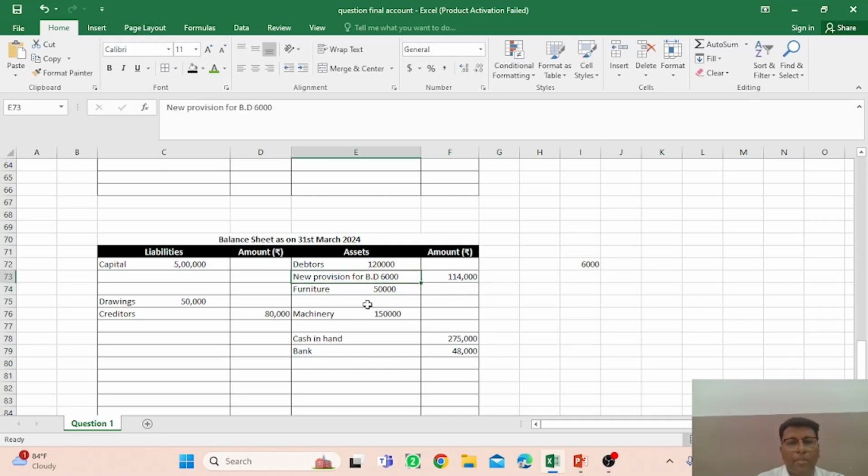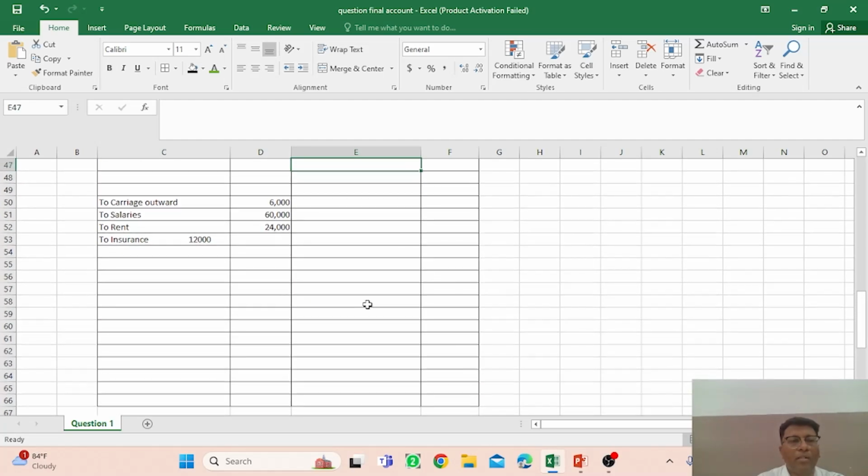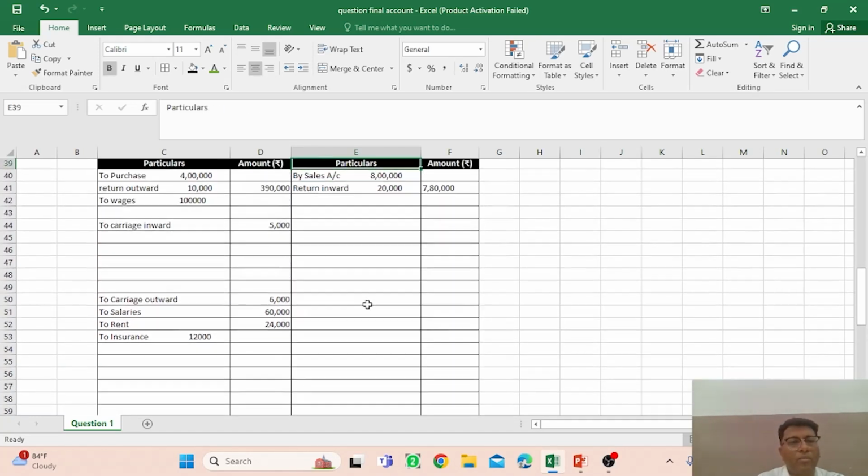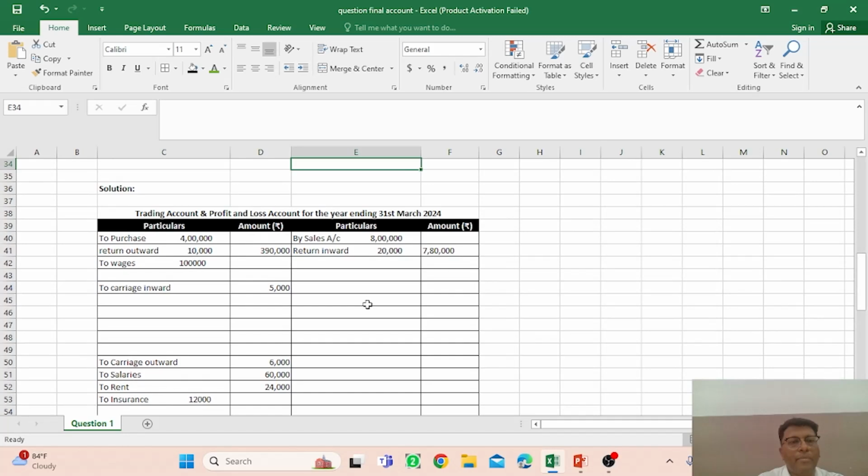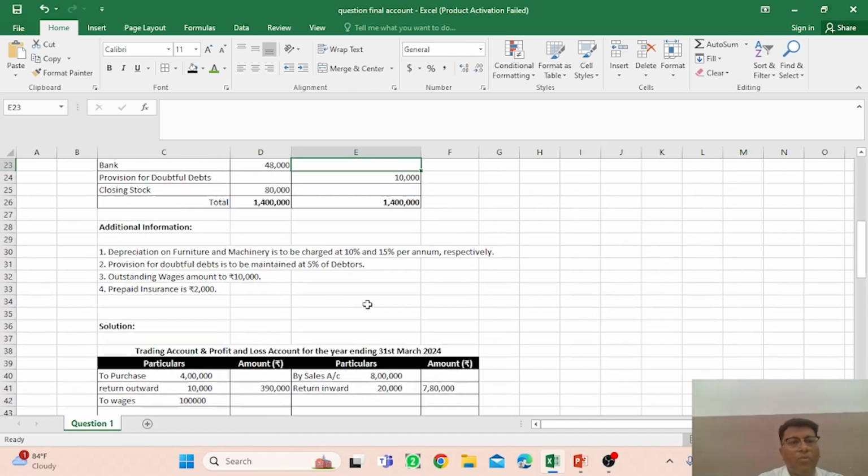And this particular provision, 6,000, should be added into the old bad debts. Old bad debts means when the bad debts are given to you in the trial balance. Is there any bad debts? No, there were no bad debts, but the provision was given to you. So the adjustment would be made on the debtors, and this new provision would be added to the bad debts if given in your trial balance.